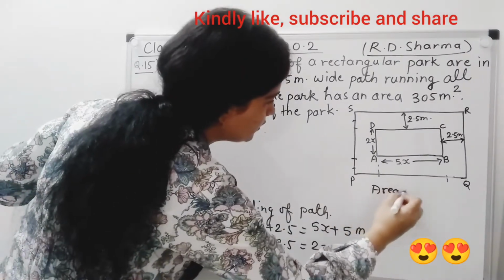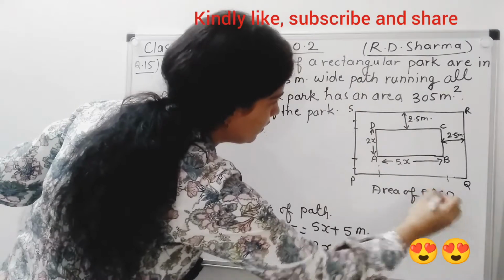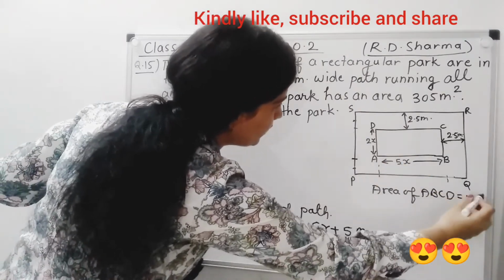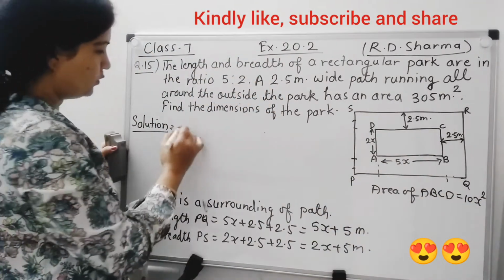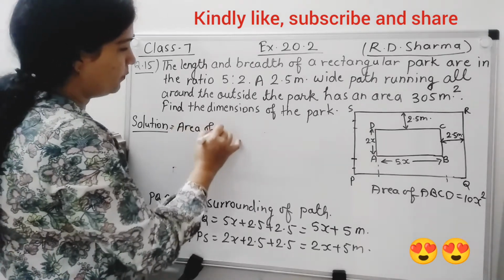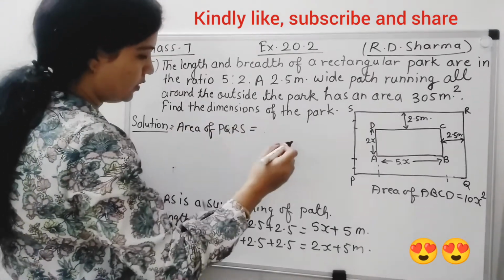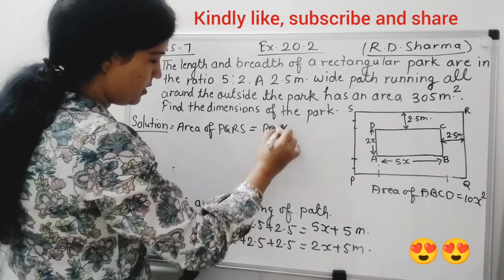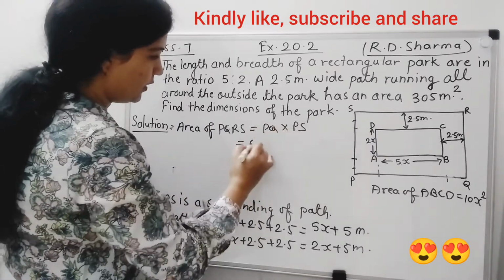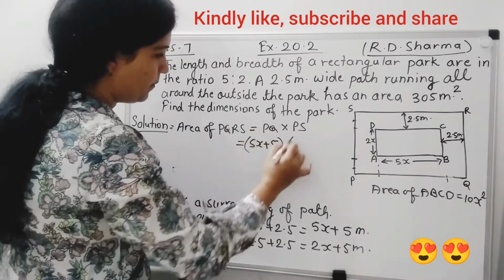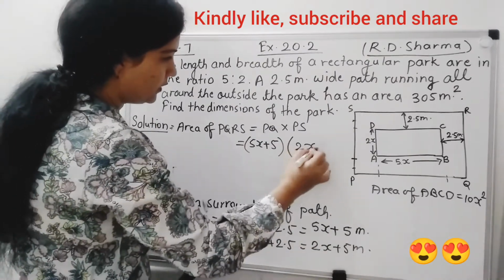Area of ABCD was 10x square. I will write it here. Now the area of PQRS is equal to PQ multiplied by PS, meaning 5x plus 5 multiplied by 2x plus 5.